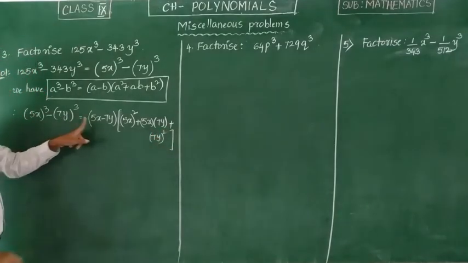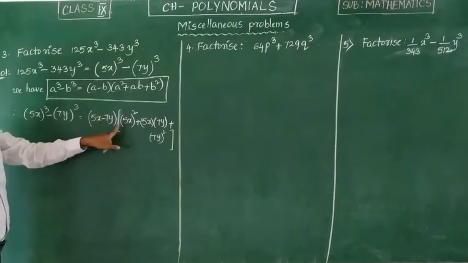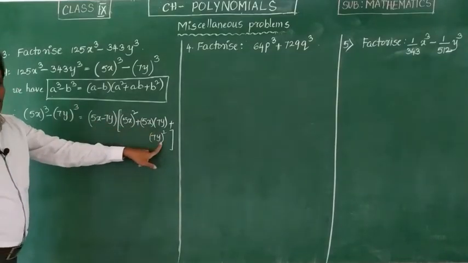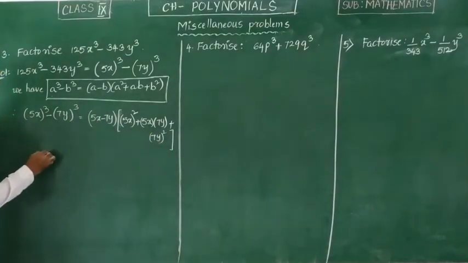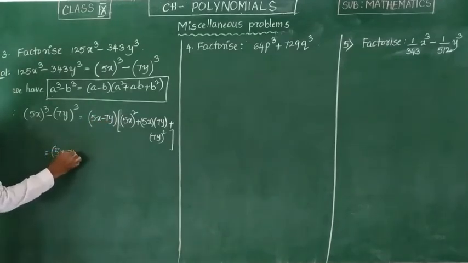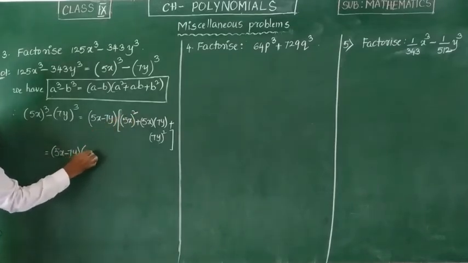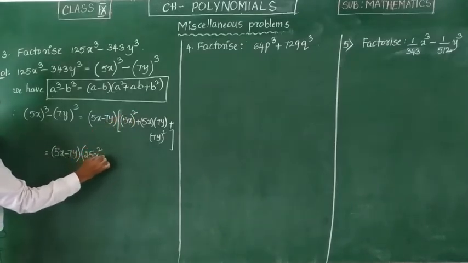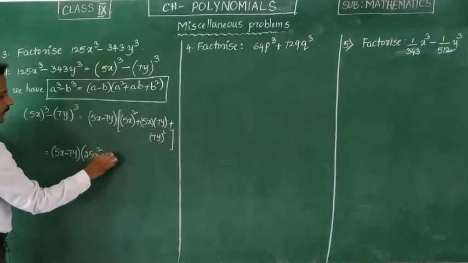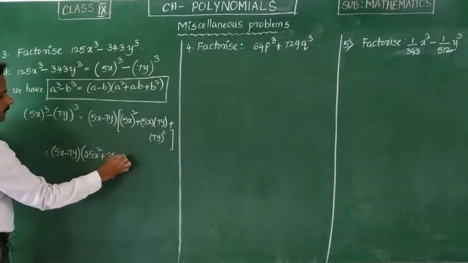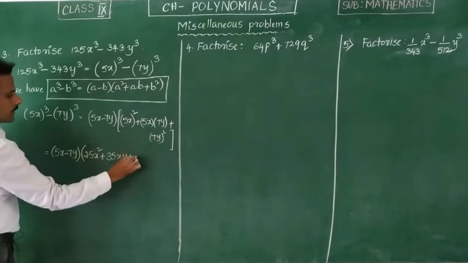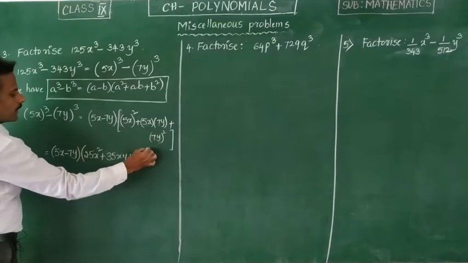We have written it in the form a minus b into a square plus ab plus b square. Let us simplify this: 5x minus 7y multiplied by 25x square plus 35xy plus 49y square.